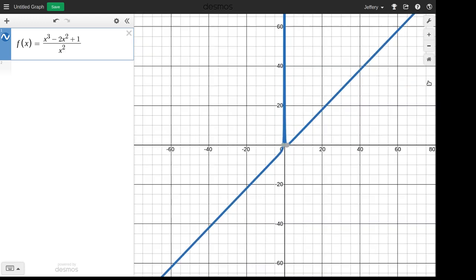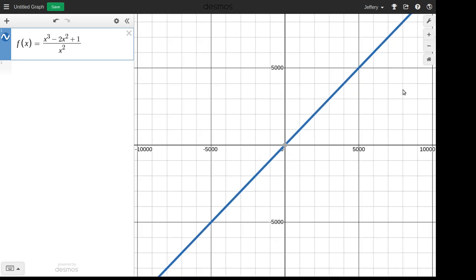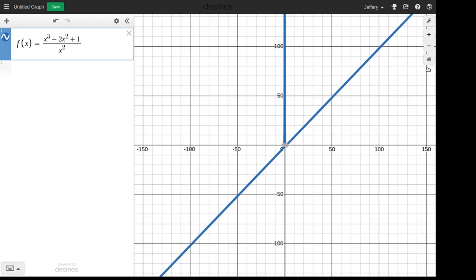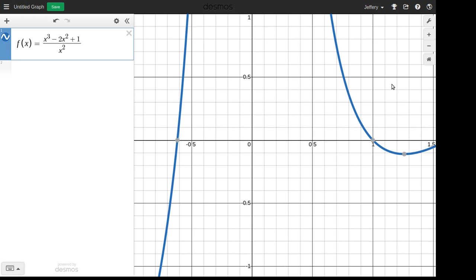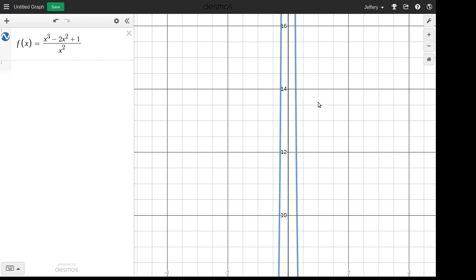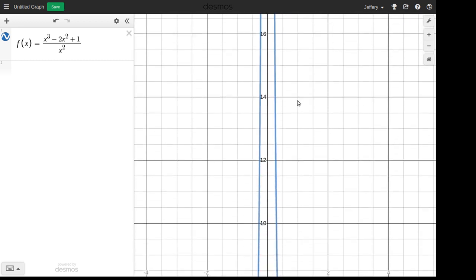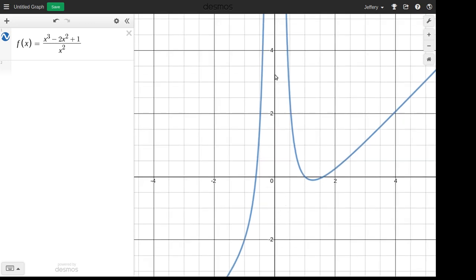Again, I'm going to back away from this, and notice it looks like a line going left to right when I get really far away from it. That's the slant asymptote that it approaches. What's happening here is this line, or this part of the curve, approaches out here. But something happens down the middle of this. These two upward spikes around 0 are working their way off towards infinity.